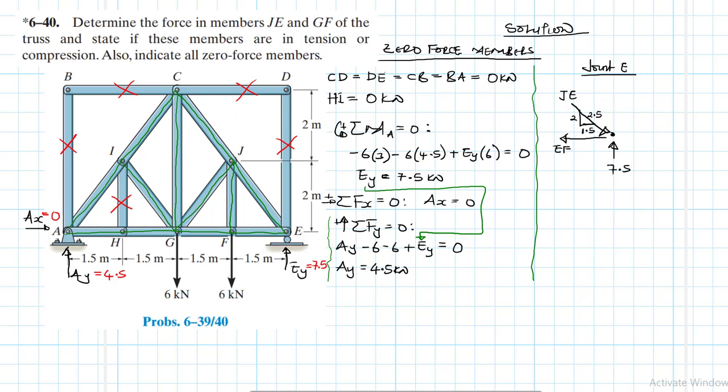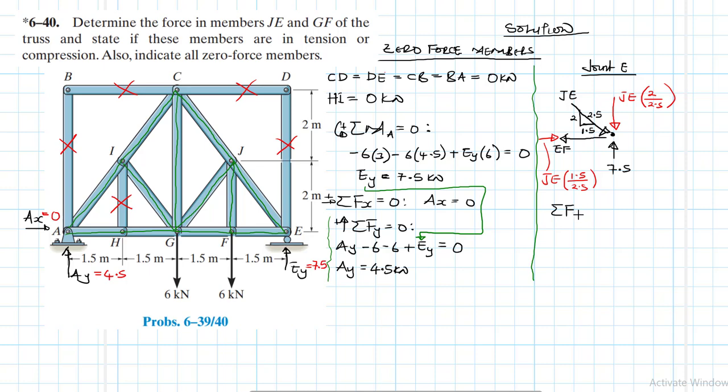All right. So now we are going to have components from this. We'll have one component like this, and this one is JE by the rise divided by the hypotenuse, which is 2.5. Then we will have another one like this. This one is JE by the run divided by the hypotenuse. Right. So let's apply the equations of equilibrium.